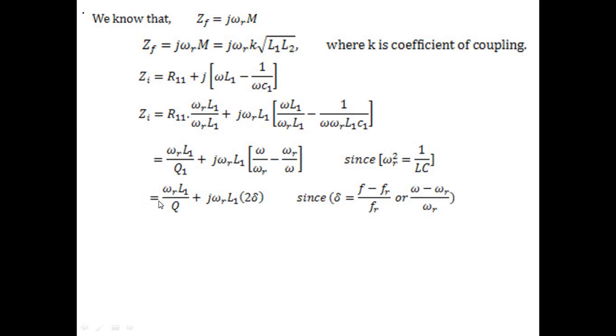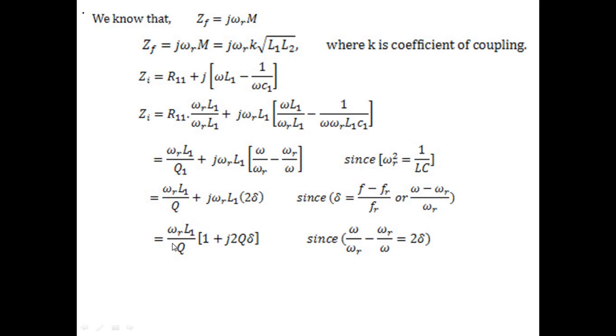Now the formula for Zi is equal to omega R L1 divided by Q plus J omega R L1 into 2 delta. Similarly, we derive it for Z0 plus ZL also, following the same procedure.